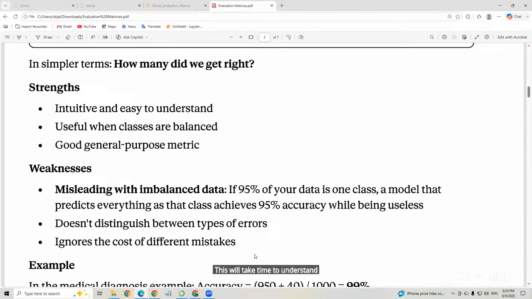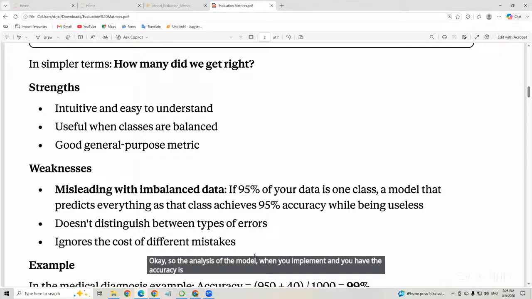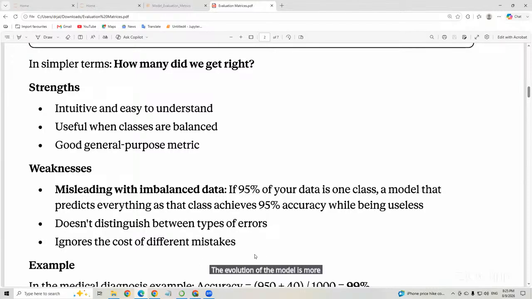So in the analysis of the model, when you implement it and the accuracy of your model is more than 99%, the evaluation of the model is still more important, and all these tests which we are going to discuss will surely help you.